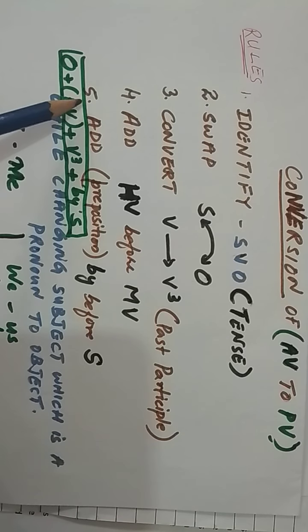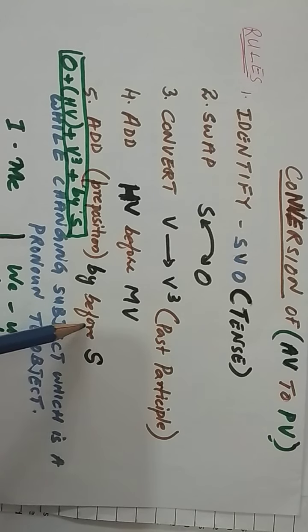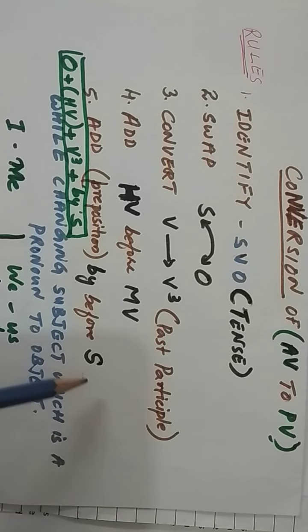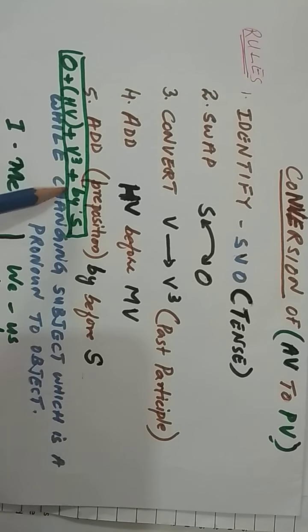And fifth point, that is add the preposition by before the subject. So when we formulate a formula for passive voice, that would be like this: object plus helping verb plus third form of the verb plus the preposition by plus subject.